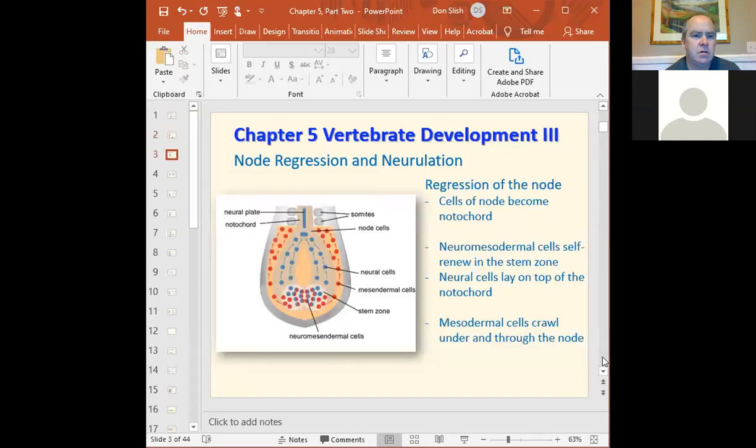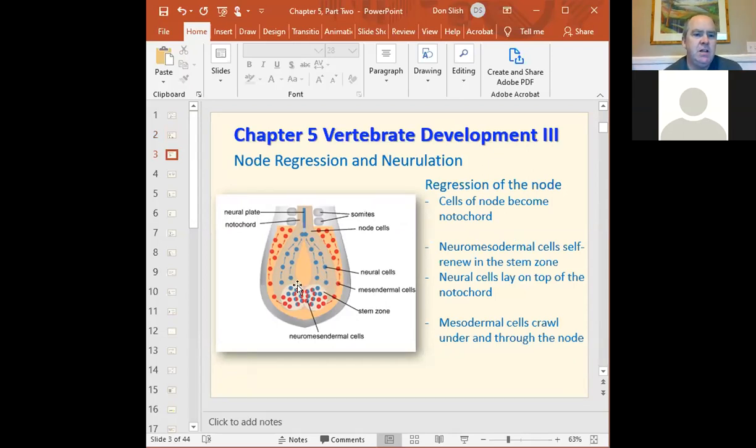Okay. Now we're on slide 3. This is what happens in the node as it's regressing. You've got regular old nodal cells, which are this tan line that the blue dots are on top of, and those cells come in and regress, and they become the nodal cord, and they're going to induce the cells above them to become neural plate.